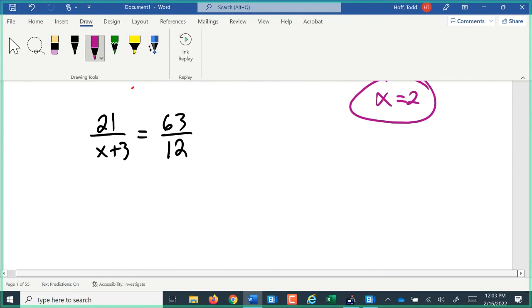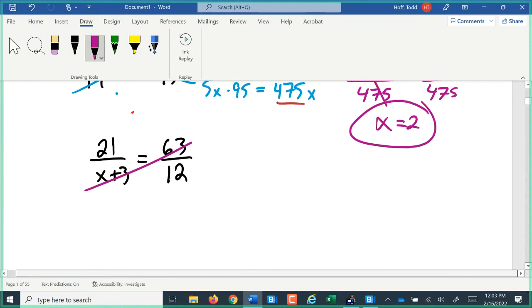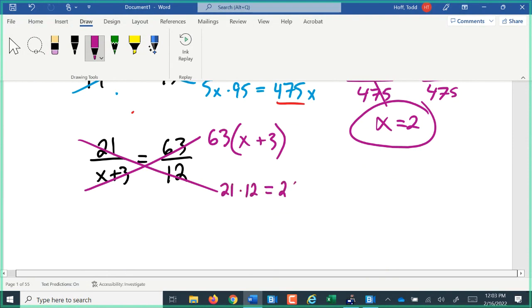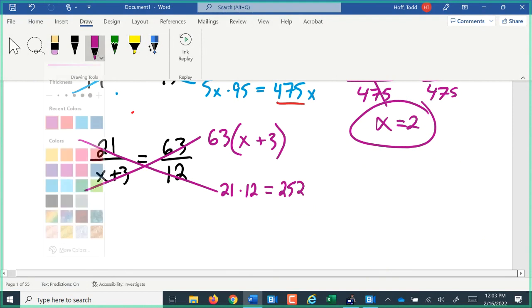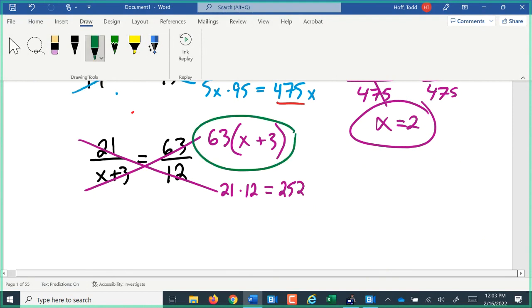So as we cross multiply, going in this direction, x plus 3 times 63, well, that's a distribution problem. I'll put the 63 first, times x plus 3. Going this way, we've got 21 times 12, which ends up being 252. And there's our equation: 63 times x plus 3 equals 252.